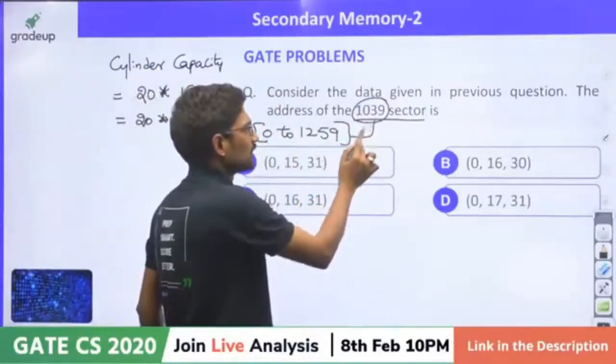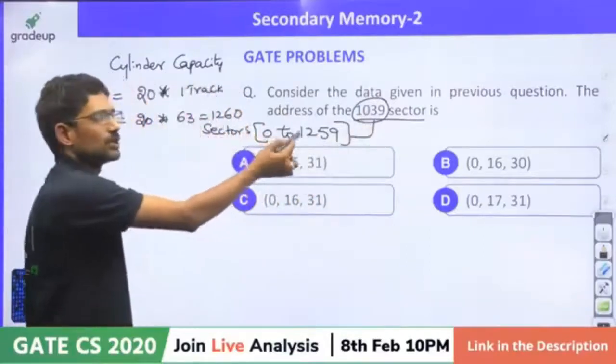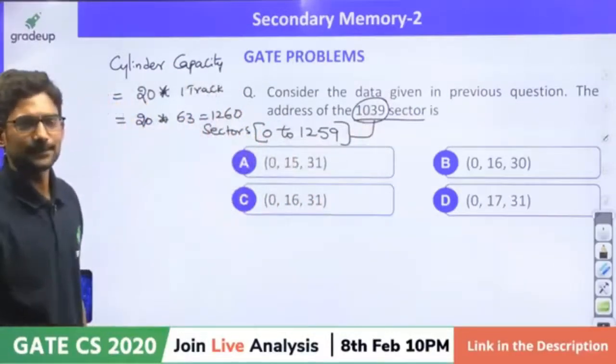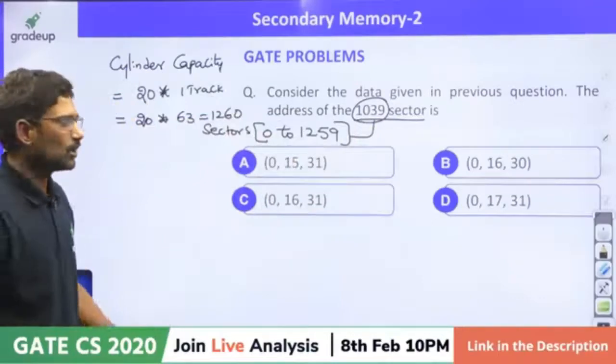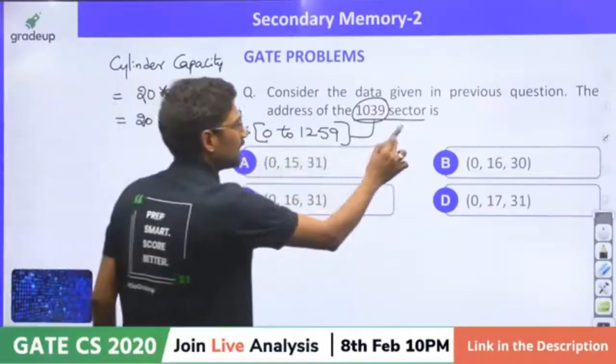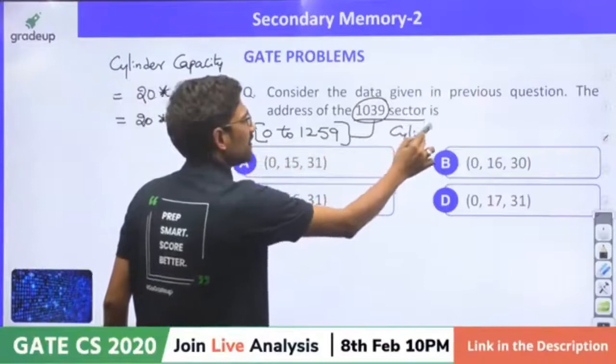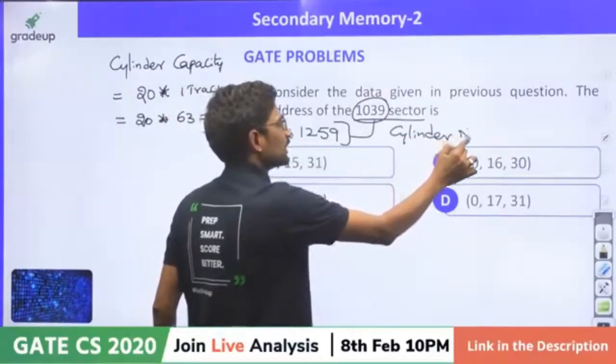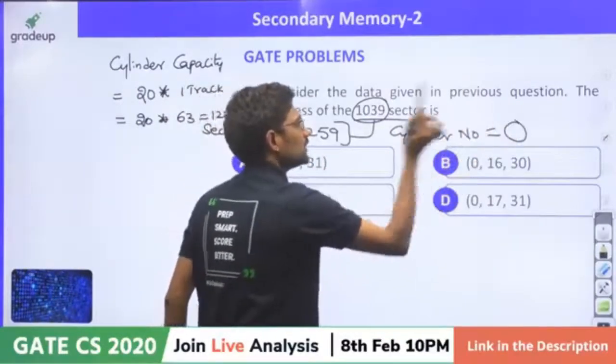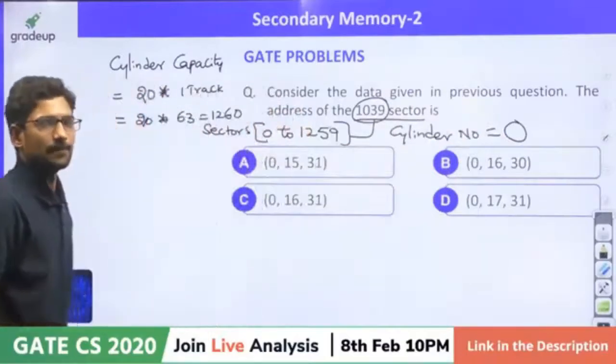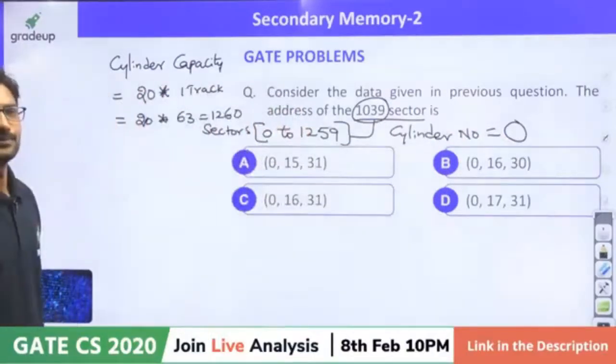Definitely 1039 is in between 0 and 1259, so we can say our cylinder is the first cylinder. So the cylinder number is equal to 0. So what is C? Definitely 0.